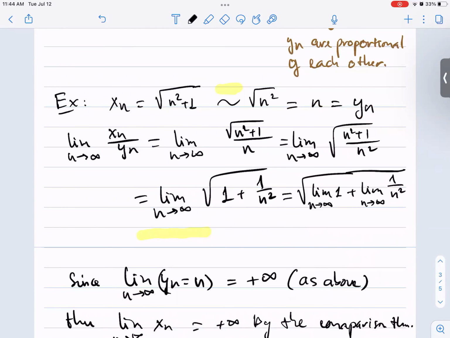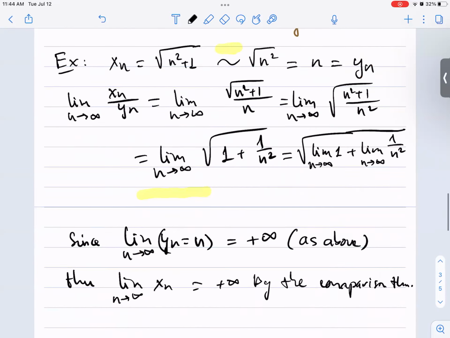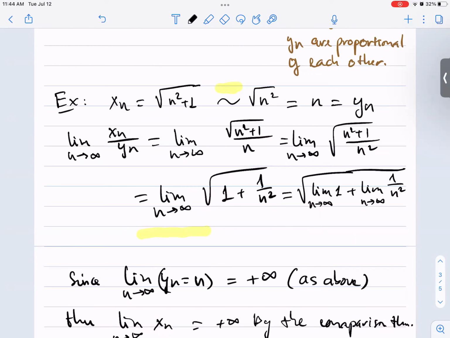Now here is an example of how we can use the previously established theorems to study certain sequences. So let's consider the sequence xn equal to the square root of n squared plus 1.